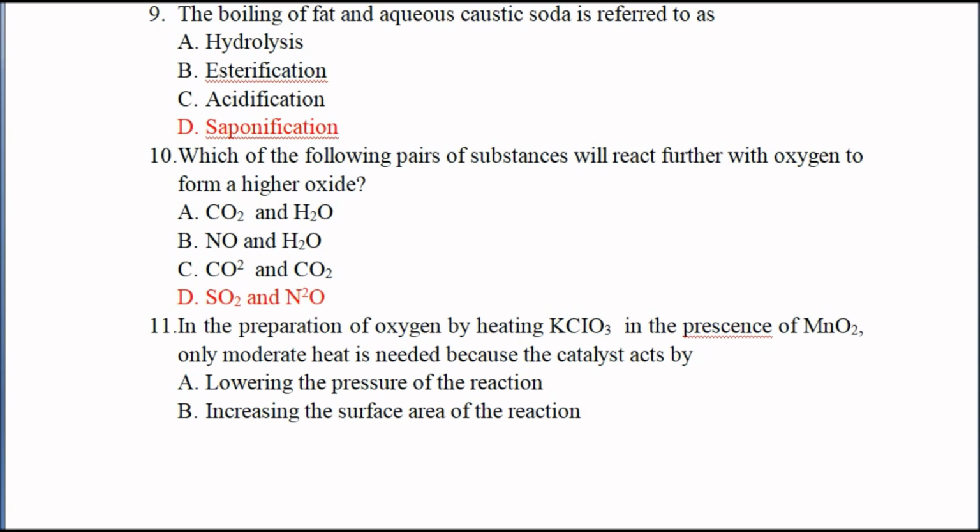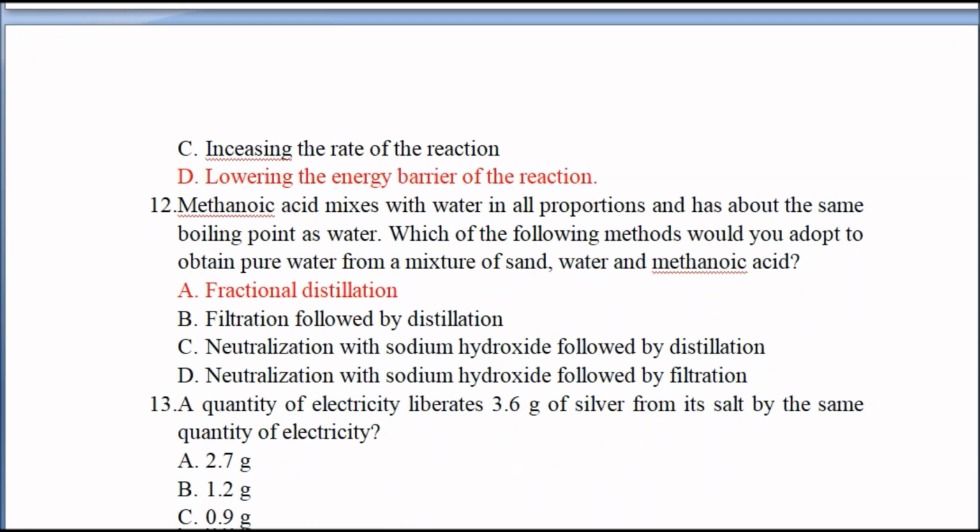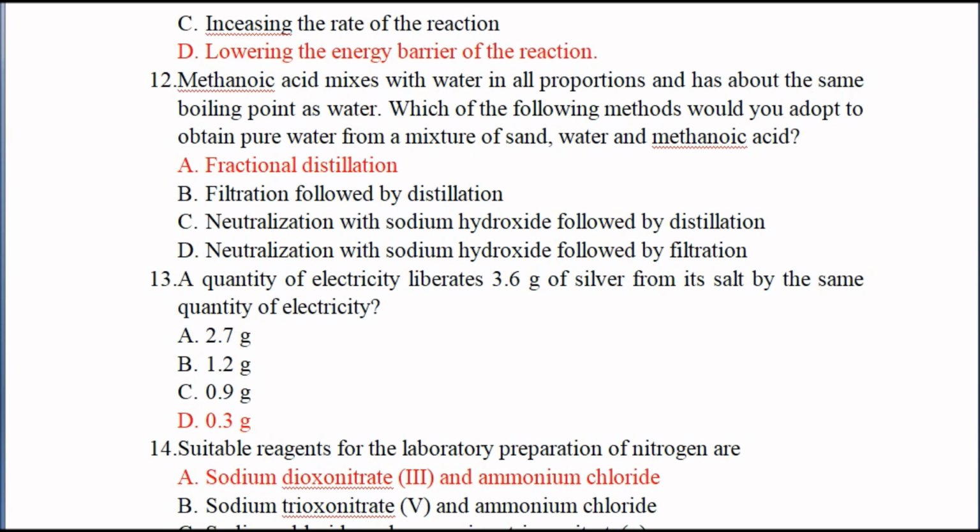Number 11. In the preparation of oxygen by heating KClO3 in the presence of MnO2, only moderate heat is needed because the catalyst acts by A. Lowering the pressure of the reaction, B. Increasing the surface of the reaction, C. Increasing the rate of reaction, D. Lowering the energy barrier of the reaction.